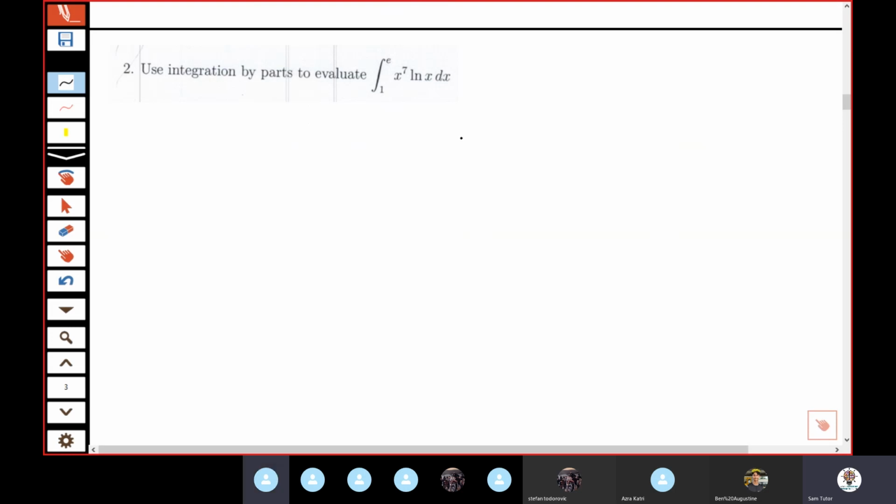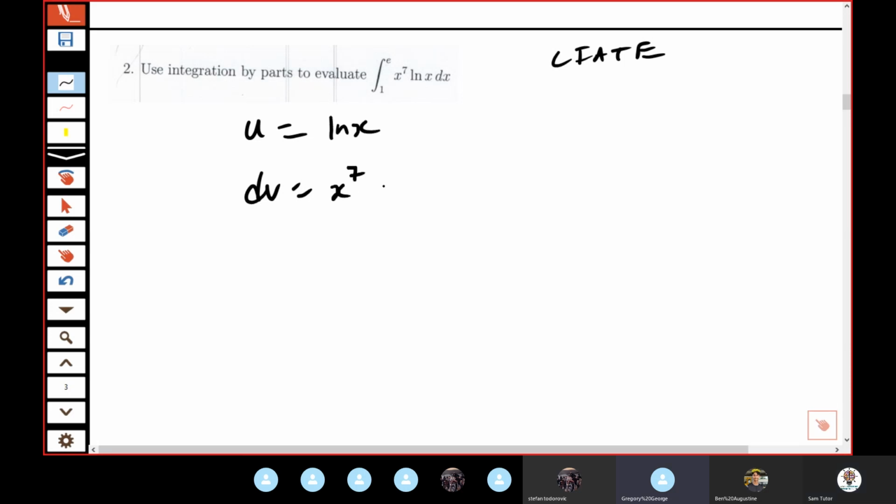So let me just write this down. u is going to be ln x, of course, and dv is going to be x to the power of 7 dx. du is 1 on x dx. v is x to the power of 8 over 8.